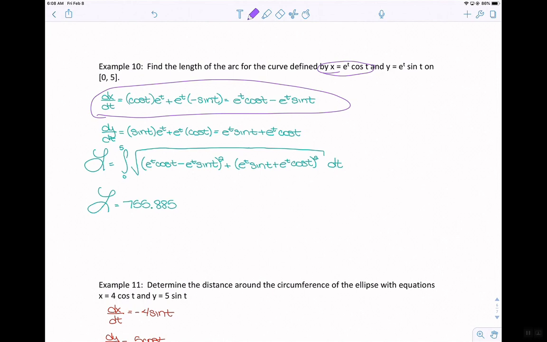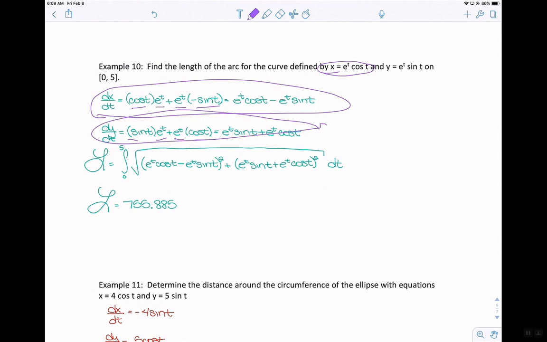And then I'm going to find dy dt. And I have to use product rule. So again, second times the derivative of the first plus the first times the derivative of the second for my x. And then my dy dt, second times the derivative of the first plus the first times the derivative of the second. And I did go ahead and simplify it a little bit.